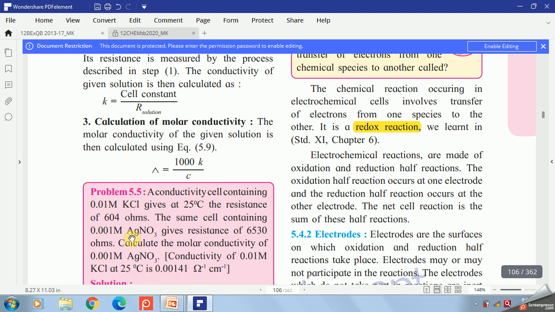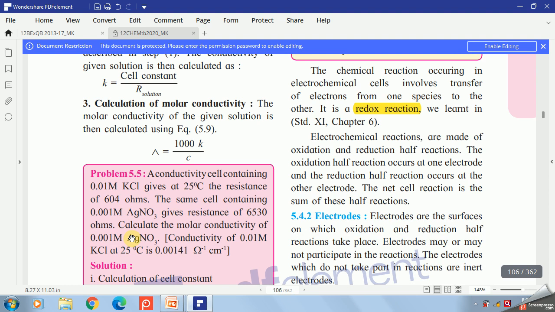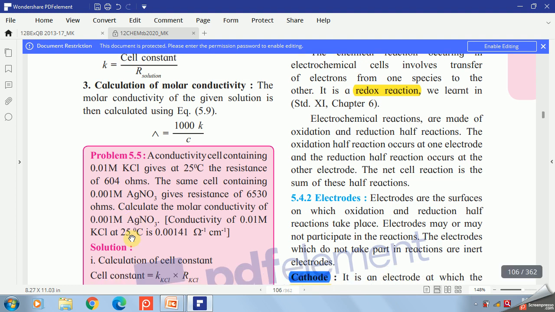So let us discuss one numerical. The conductivity cell containing 0.1 molar KCl gives at 25 degrees centigrade the resistance of 604 ohm. The same cell containing 0.001 molar AgNO3 gives a resistance of 6530 ohm.